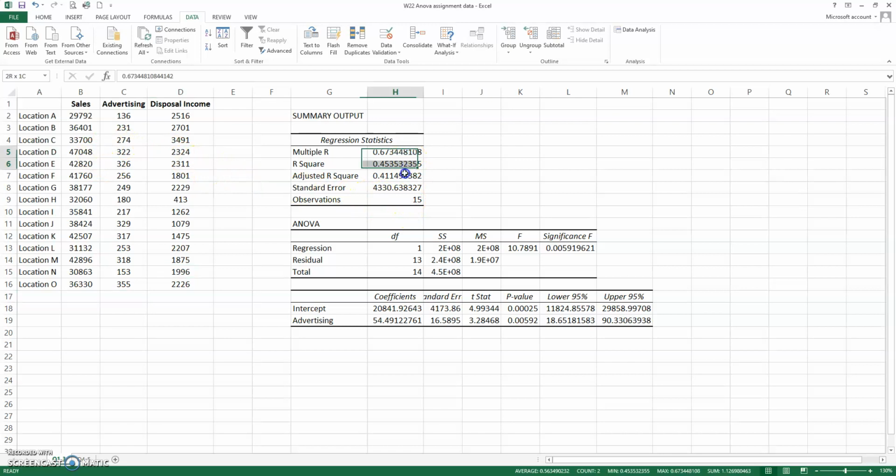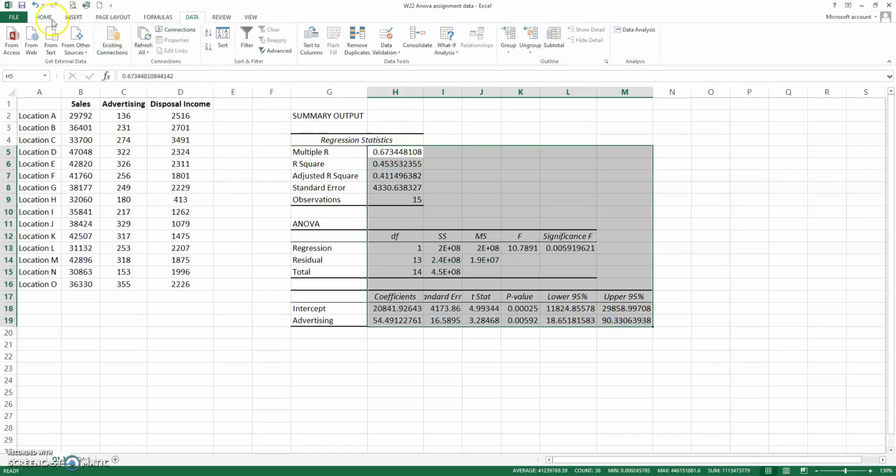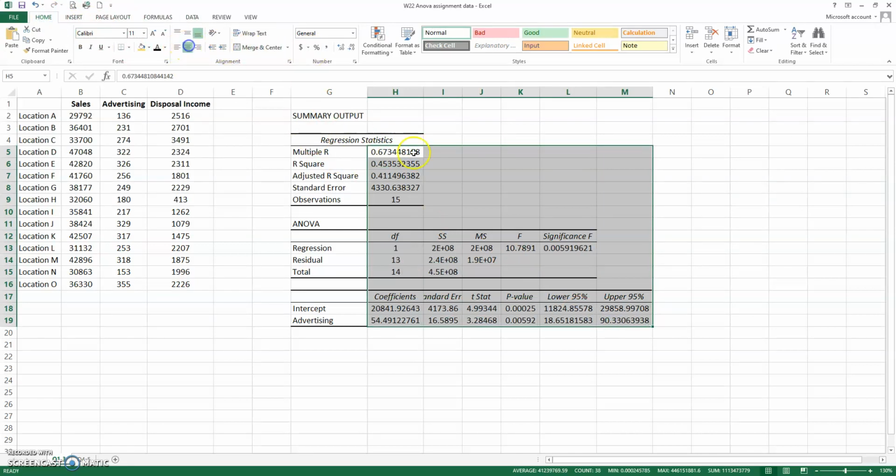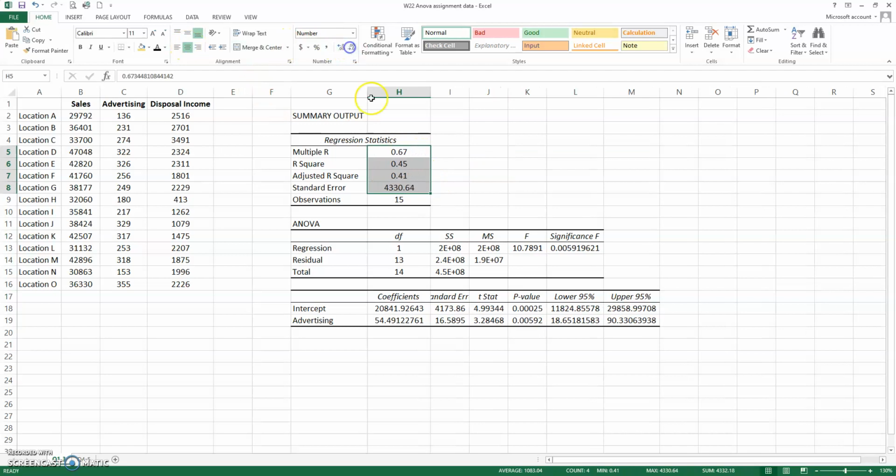But here we have some key values. I'm just going to center these because I just like doing that. We can reduce the decimal places there. So once again, this is the R value. Here's the R squared value. We can look at our level of significance there. That's a key value.